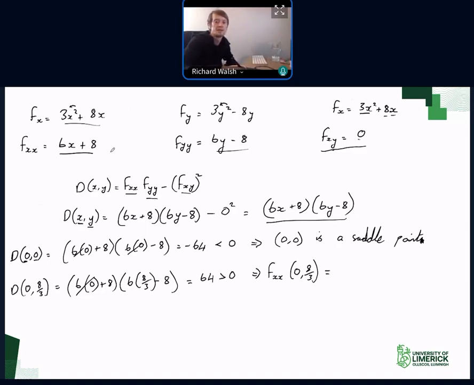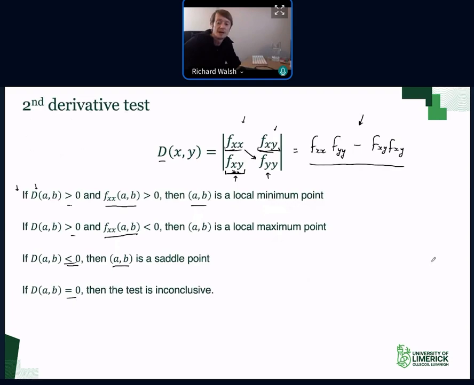So the second derivative with respect to x, up there at the top, I already worked that out. 6x plus 8. So I'll be having 6 times x, which is 0, plus 8. There is no y to substitute in 8 over 3. If there was a y there, I'd sub 8 over 3 in for it. So we get 8. Now that's also greater than 0. So we go back to our table.